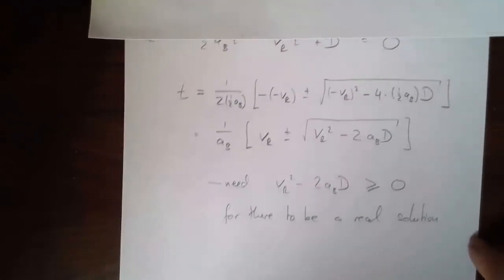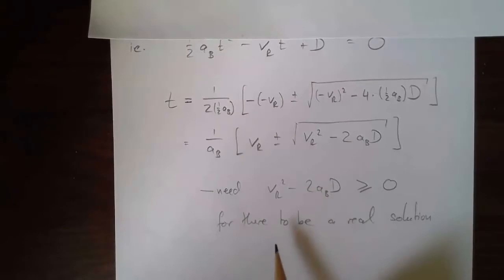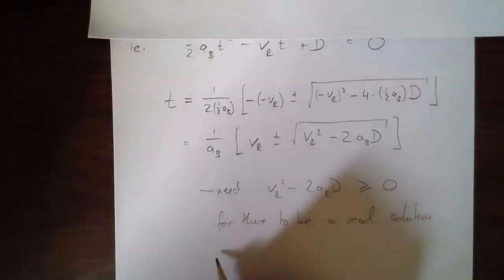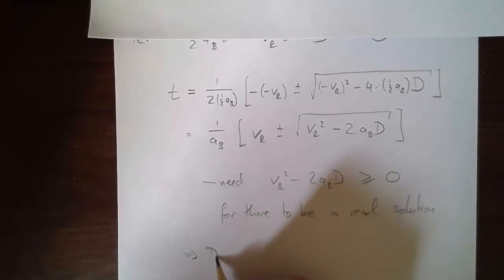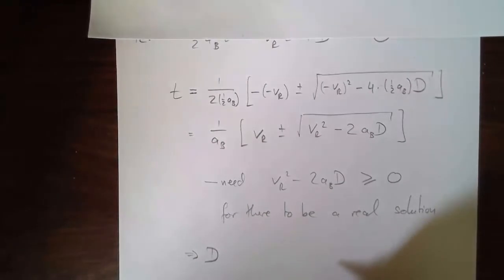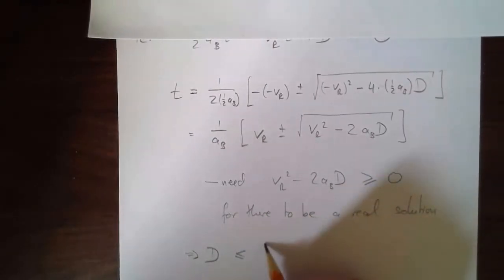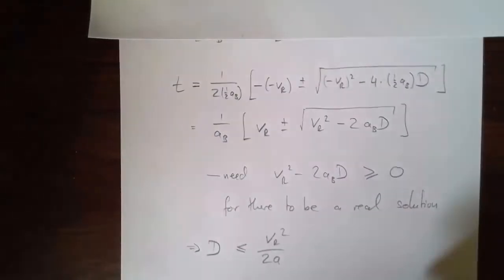That's the logic we followed here. So now if you want an expression, that implies that d is going to be smaller or equal to VR squared divided by 2AB.